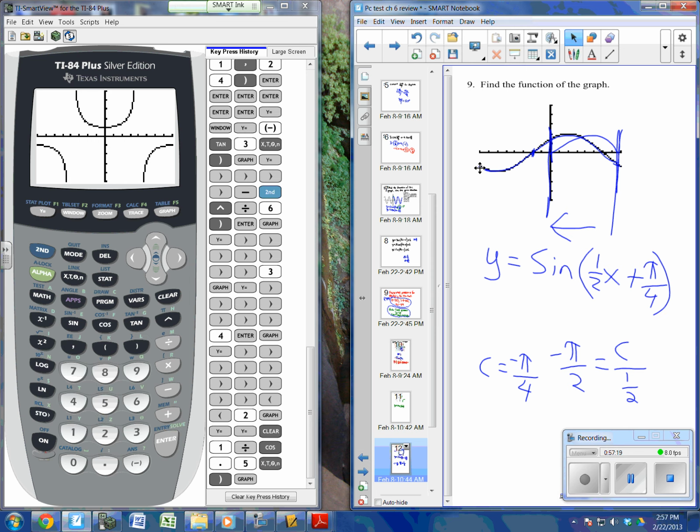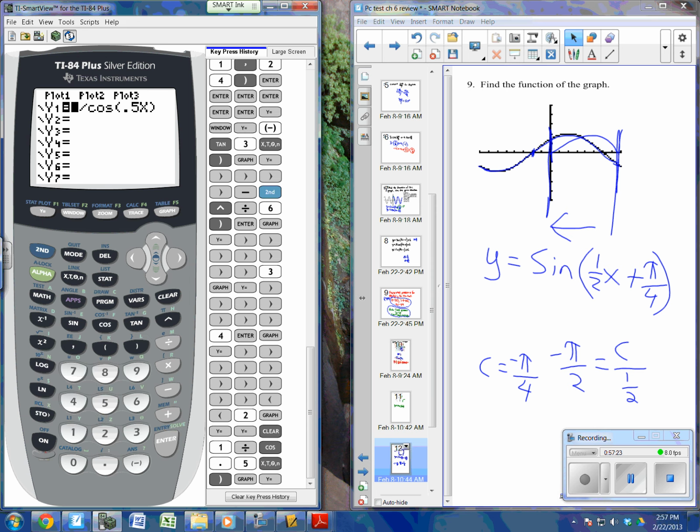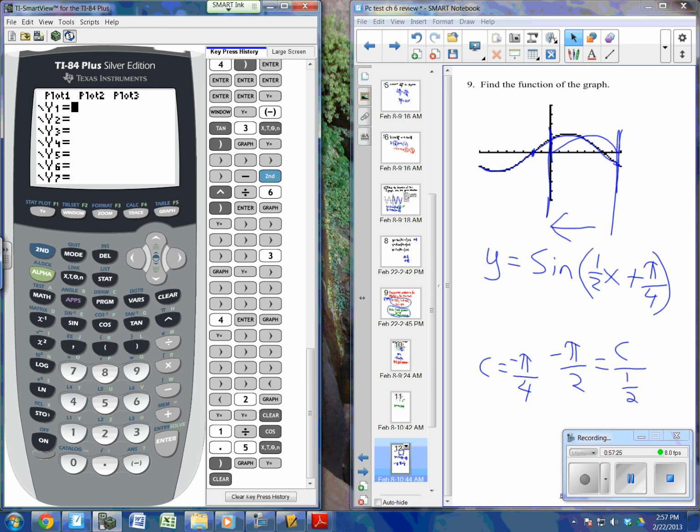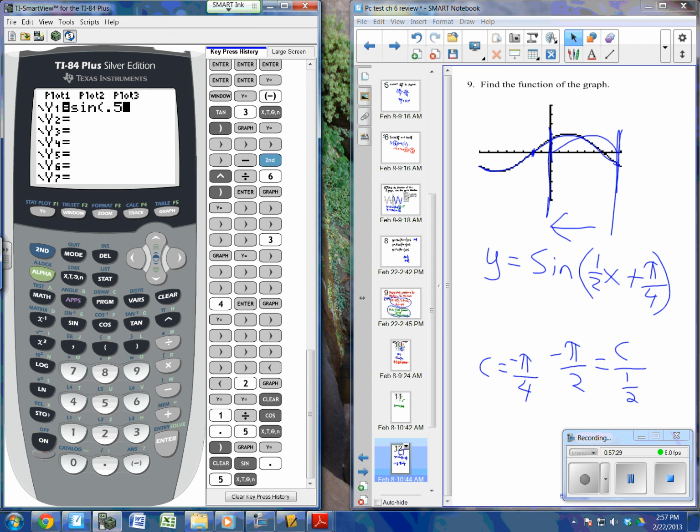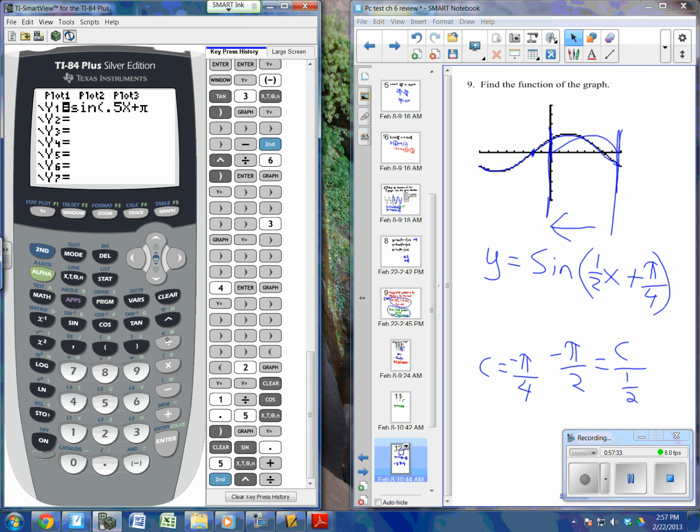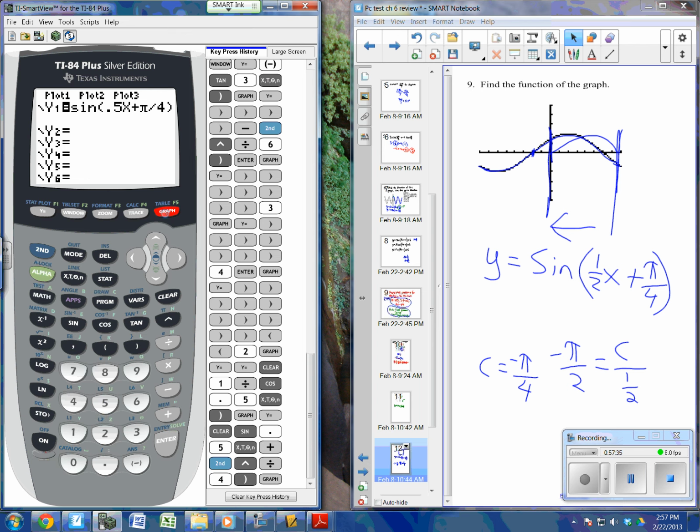I was doing that in my head and I'm tired, so let's see if I get it right. We have sine of 0.5 x plus pi divided by 4. I think that's it.